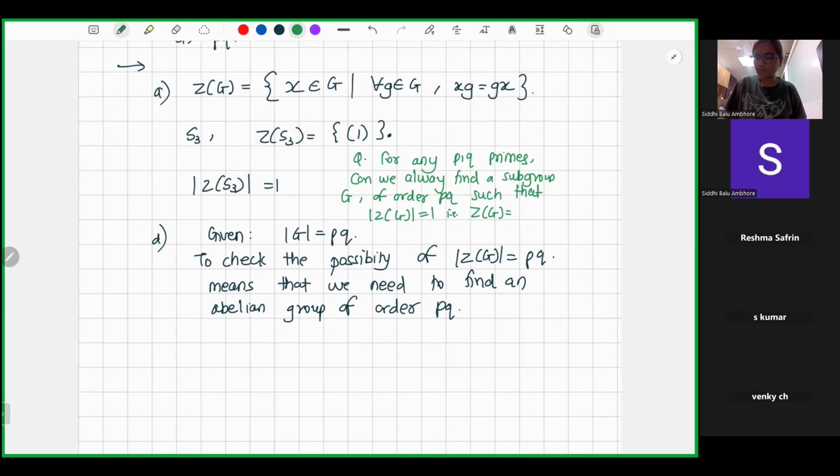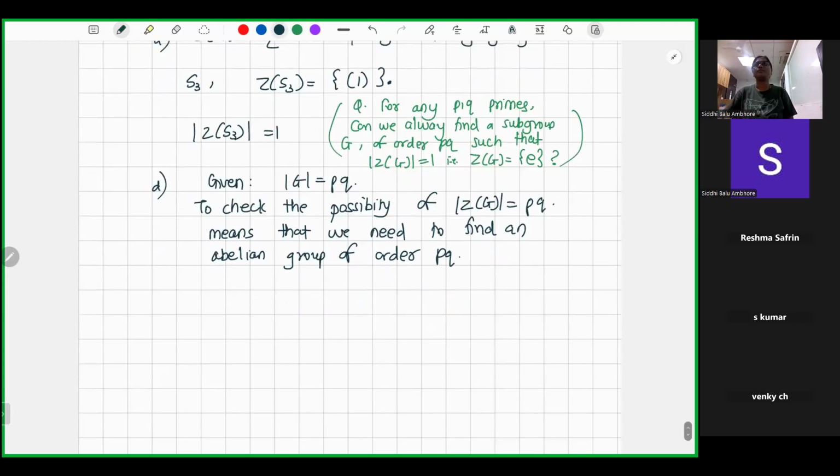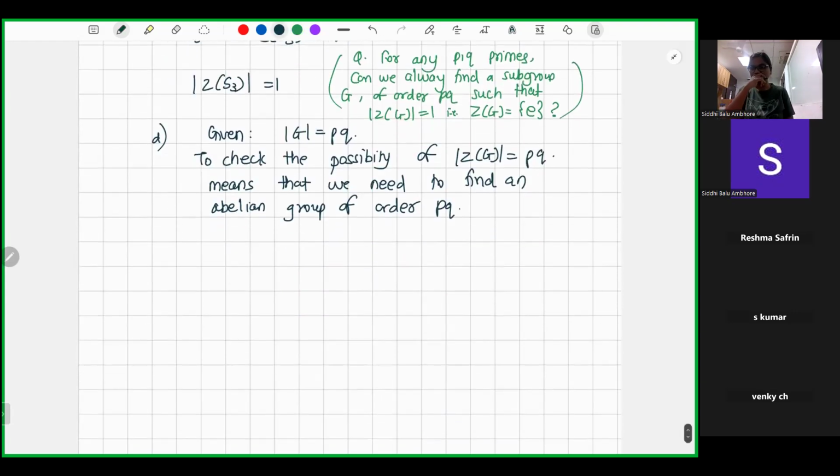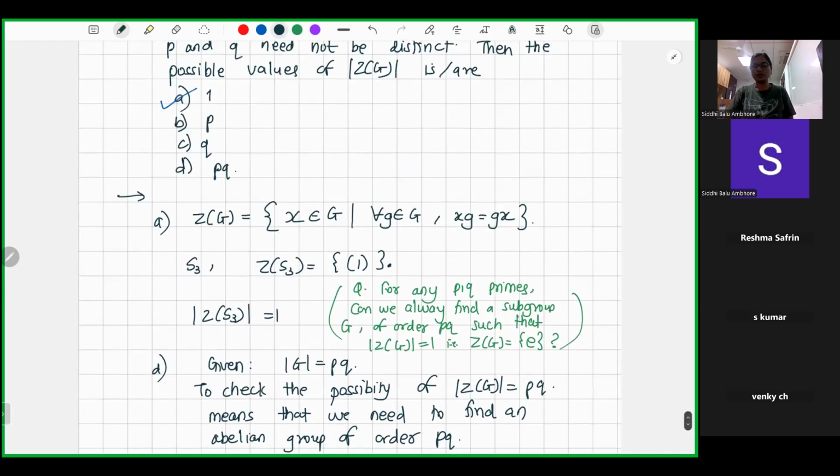You can think of this. Even I don't know, I just thought of this right now. If you have any answer to this, try to solve it. Otherwise, we can discuss this in the next tutorial or maybe when we have time.